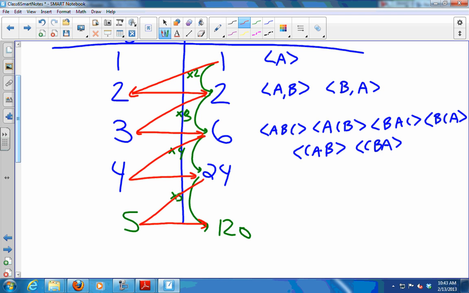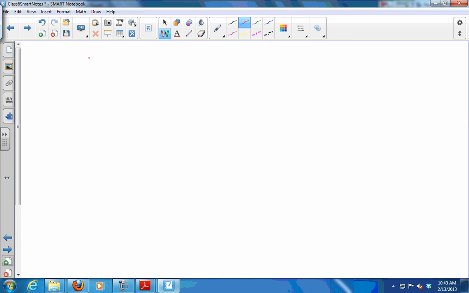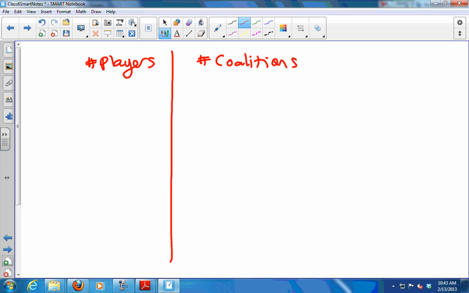All right, so I'm going to start the table over again, and I'm going to organize it in an efficient way so that we can try to come up with a pattern if I were to put an n there for n players. Okay, so we've got number of players, number of coalitions. So 1 player, 1 coalition. 2 players, I started with this 1 coalition and I multiplied by 2, right?